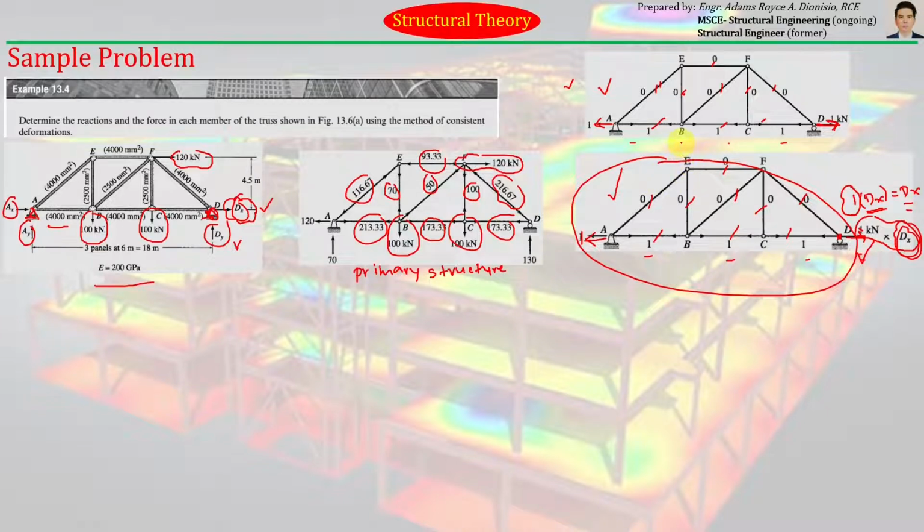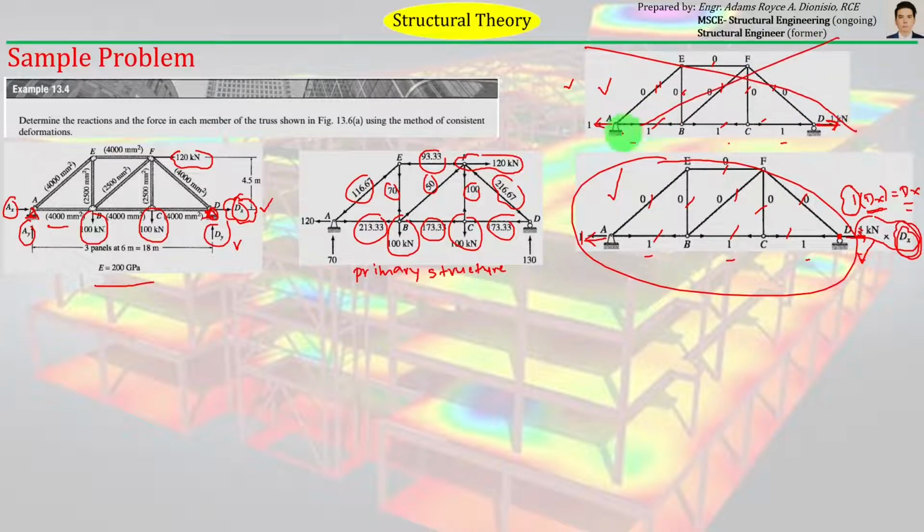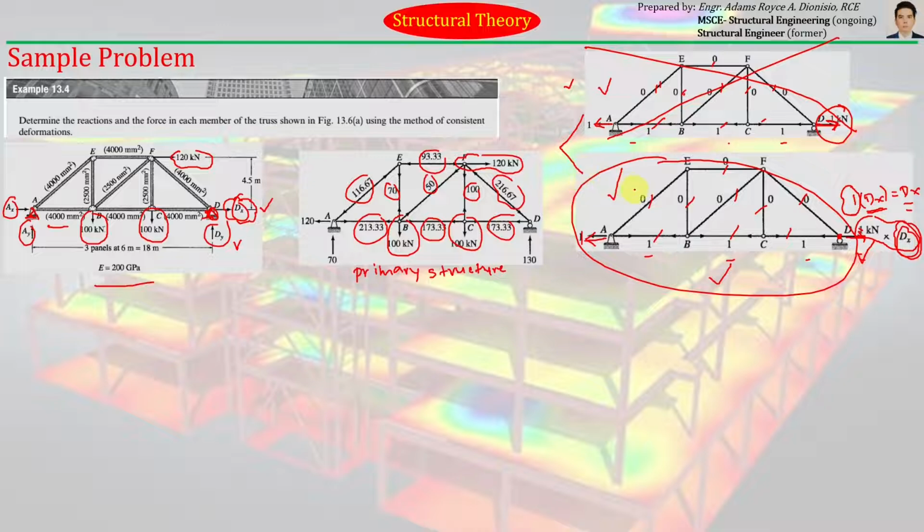Okay, so with that we can actually minimize the amount of graphical effort that we need to exert on this particular problem. We can actually no longer draw this since we already have drawn this. We can just use this for the case of the structure loaded by a unit load, because they are obviously very similar.